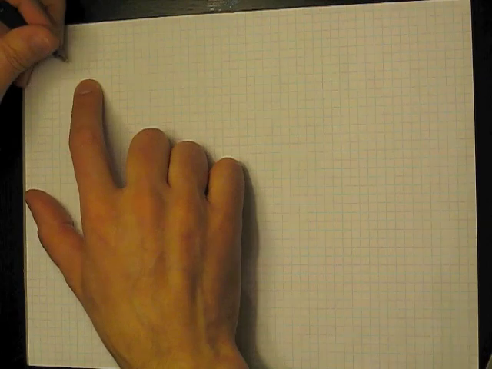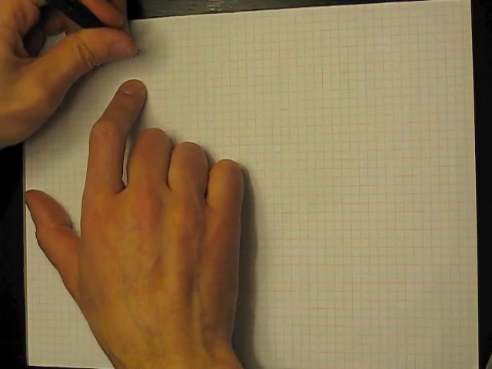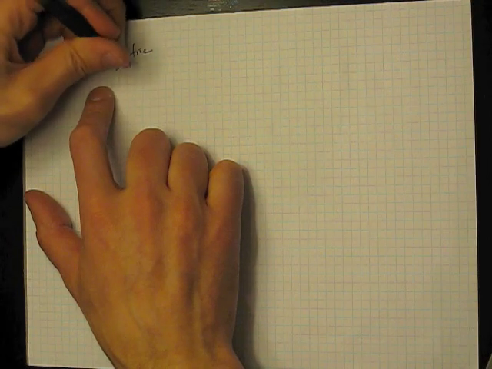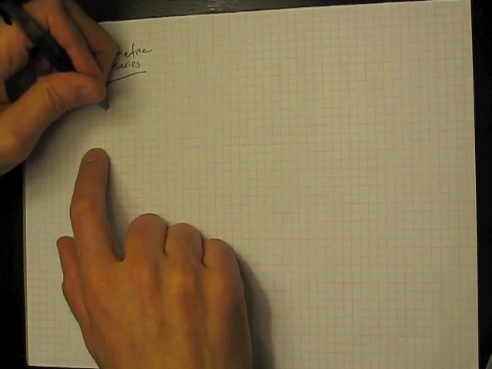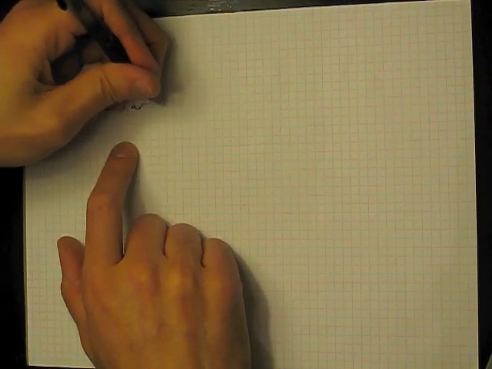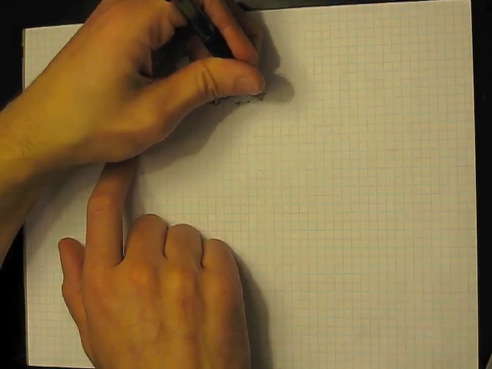Great. So we saw our principal example here was geometric series. These are series of the form a plus ar plus ar squared plus ar cubed, on and on and on.